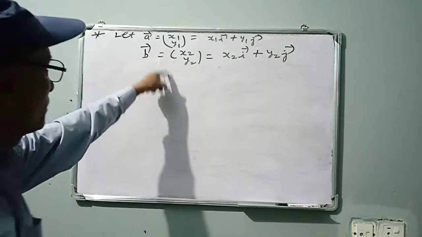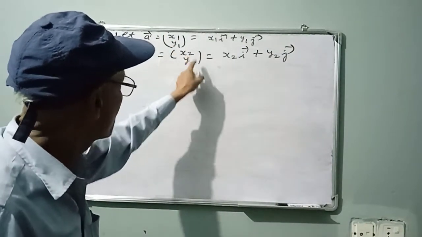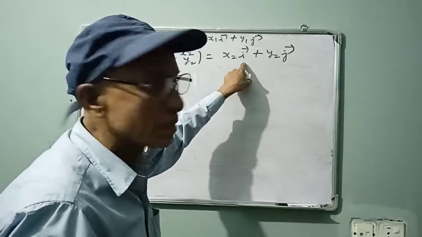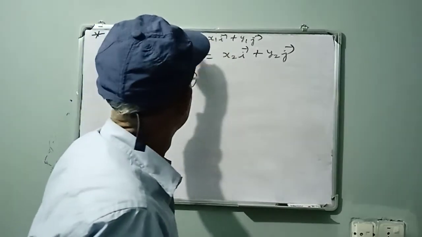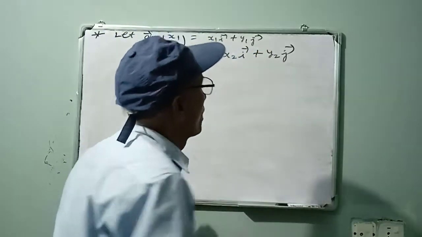This is the column vector (x1, y1), and vector B is the column vector (x2, y2). Standard form: A equals x1 i plus y1 j, B equals x2 i plus y2 j.